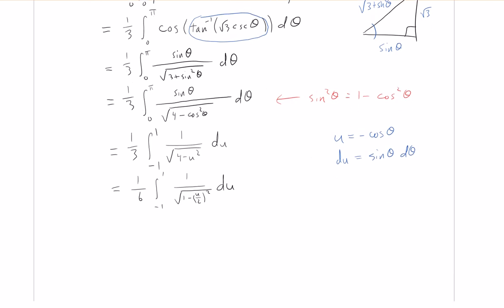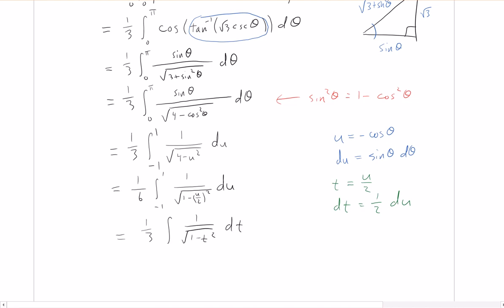Finally, one last substitution. This one is a very simple one, though. We can't use u. Let's maybe call it t. Let's just do the substitution. t is u over 2. So dt is 1/2 du. So we'll take a 1/2 from this constant out front. And it'll become this.